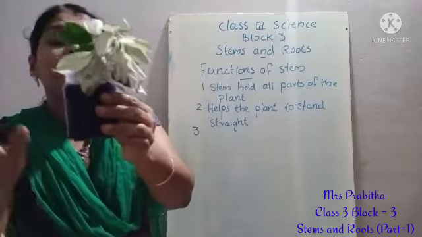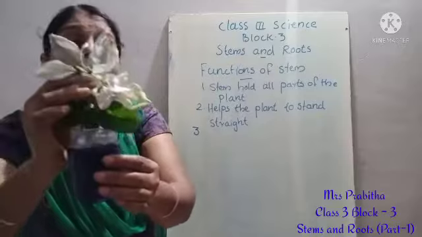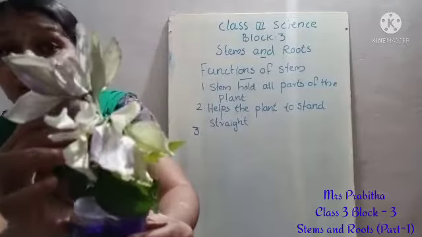You can use any colored water, red, green, or any color, and you have to try at home. We have to observe this flower for 2-3 days. When we observe it, we can find some changes. Can you say what change will be there? Slowly the color of the flower will change.